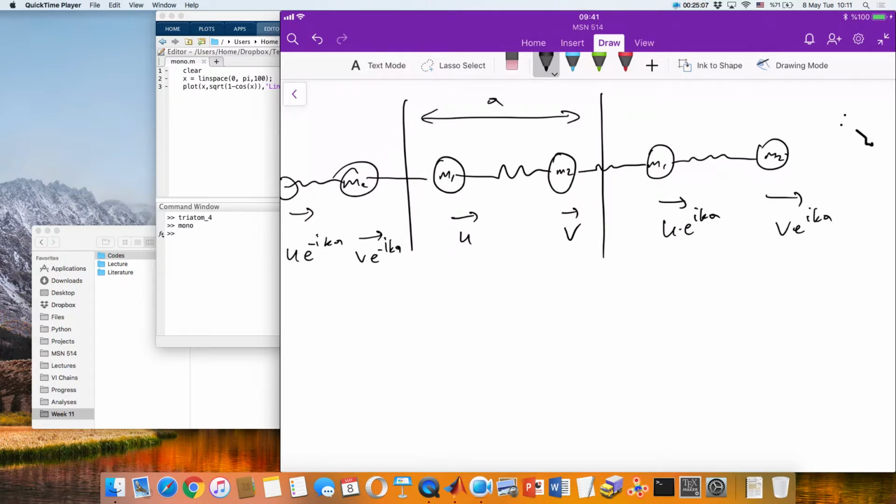So, if I want to write down the equations, how they look like, m1 d squared u over dt squared equals c times, let's say all force constants are c. They could have been different, but let's assume.